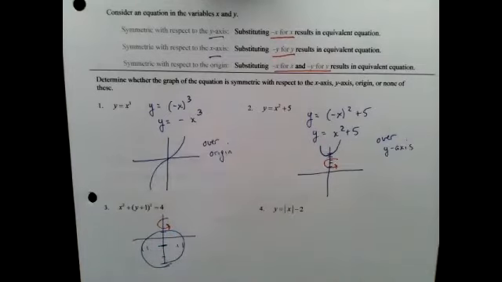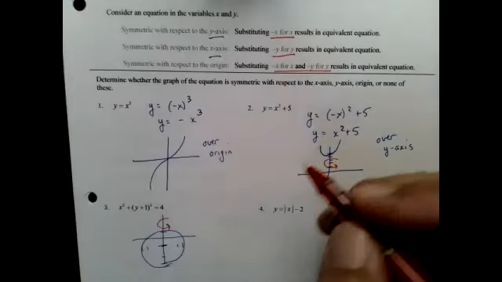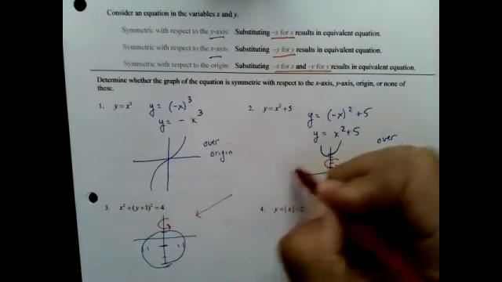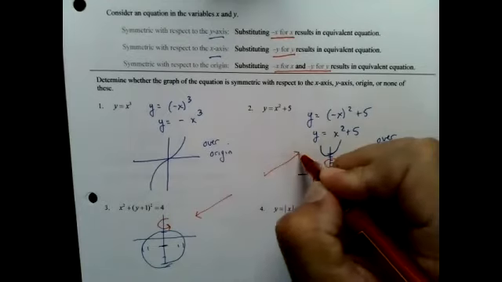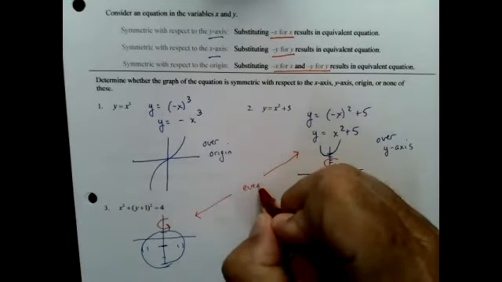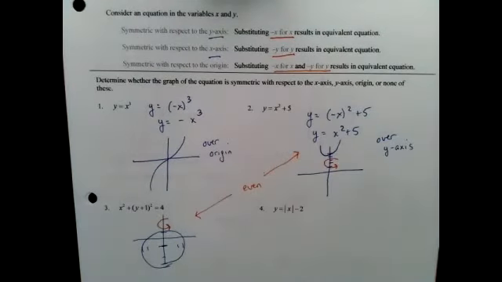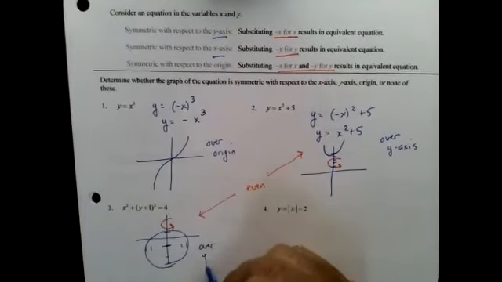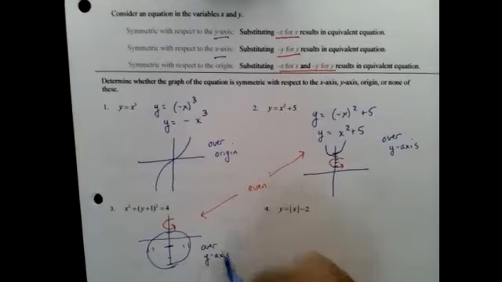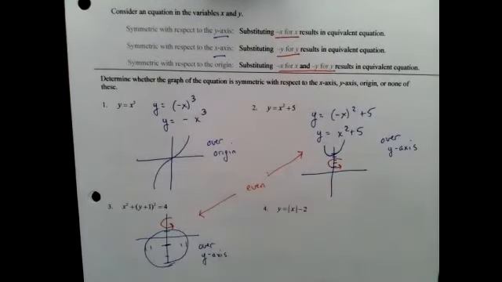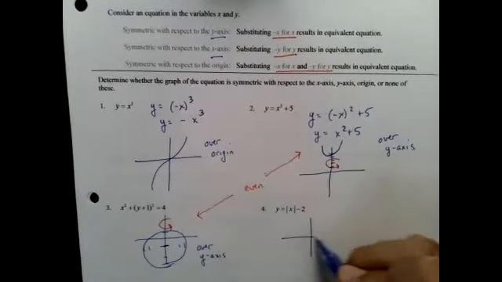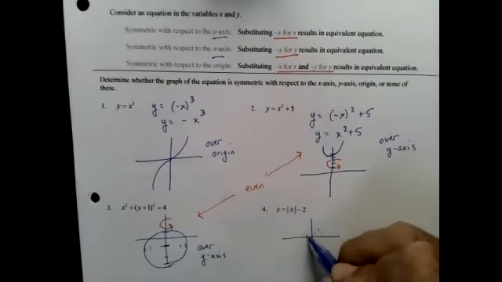Well, these guys that are symmetrical over the y-axis, right here and right here, these guys are called even functions. So if it's over the y-axis, it has the name of an even function. In fact, this guy as well, we know what the absolute value looks like.